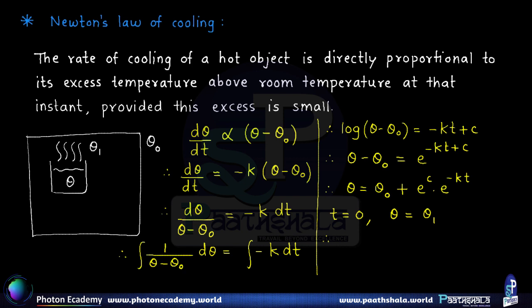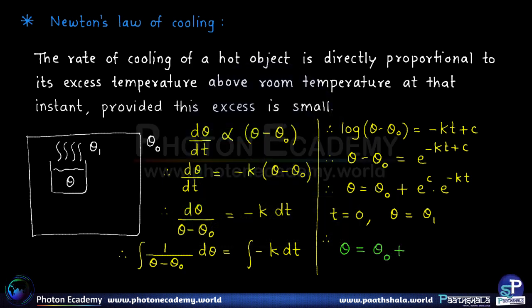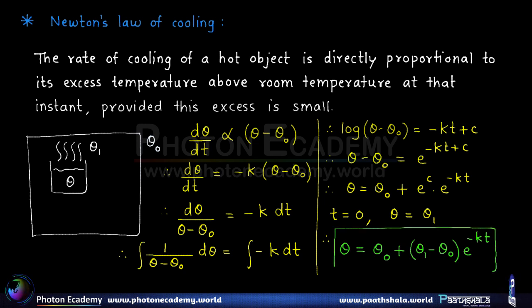So on substituting, we will get the final solution of this particular differential equation as theta is theta 0 plus theta 1 minus theta 0 into e raised to minus kt. So that's the general solution of Newton's law of cooling.